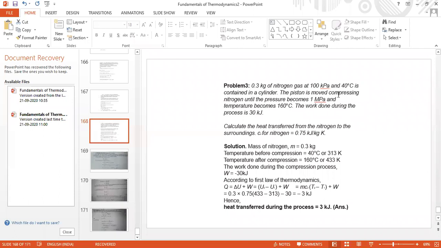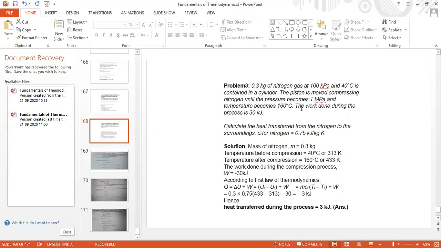These are not complicated concepts; these are basic concepts which require simple intuition. 1 megapascal means 10 power 6 pascal. So after compression the temperature is 160 and the pressure is 1 megapascal or 10 power 6 pascal.